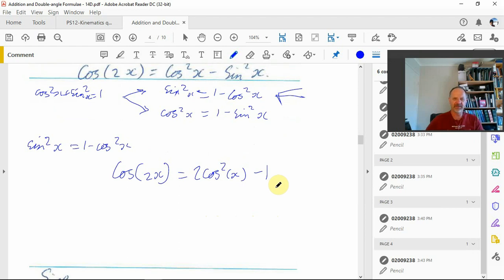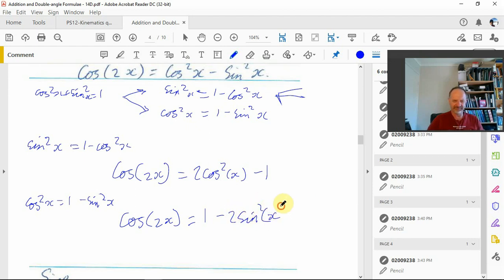And if I make the other substitution, substituting the cos squared, so cos squared x equals 1 minus sine squared, I get that cos 2x is equal to 1 minus 2 sine squared x. All right, so they're the variations, and you choose the one that is most useful to you in the question.